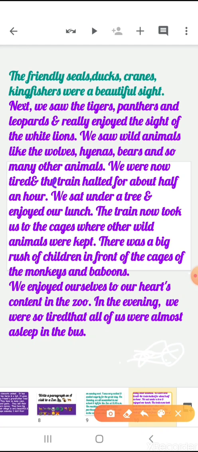There was a big rush of children in front of the cages of the monkeys and baboons. We enjoyed ourselves to our heart's content in the zoo. In the evening, we were so tired that all of us were almost asleep in the bus.